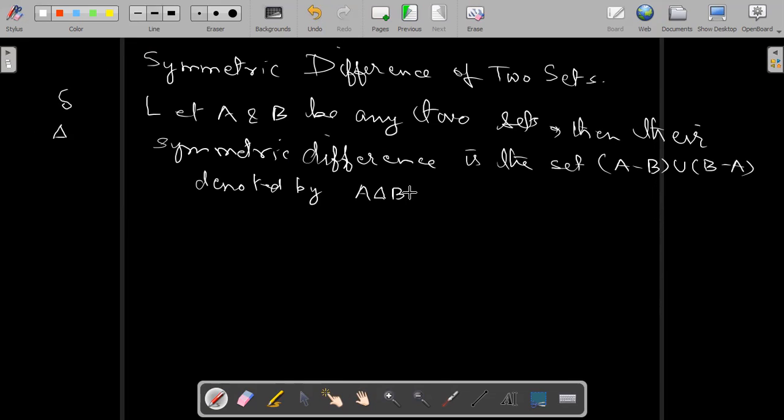So A delta B means it is the union of A minus B and B minus A. This is called symmetric difference. If the question is to find the symmetric difference between A and B, you will write like this. It is the set of all elements which are in A or B, but not in the intersection.